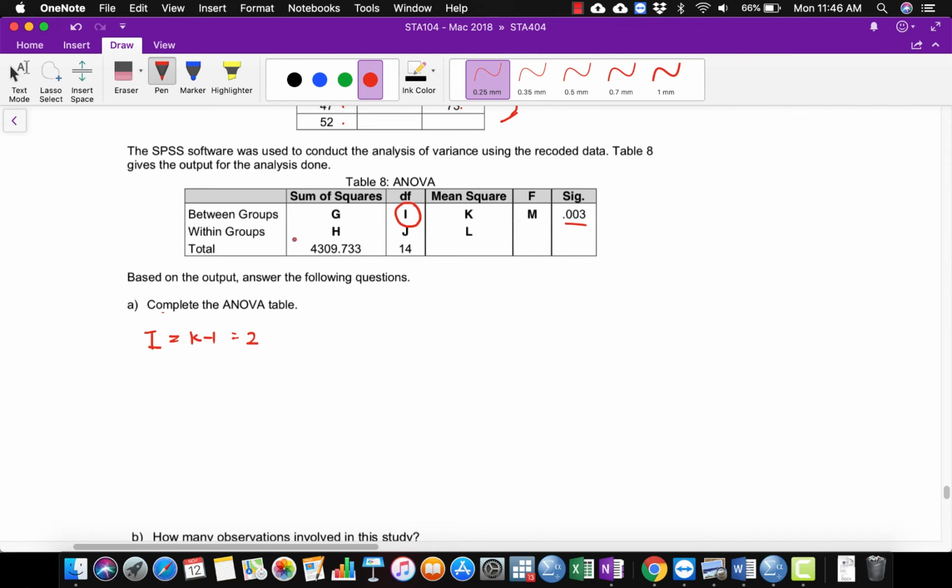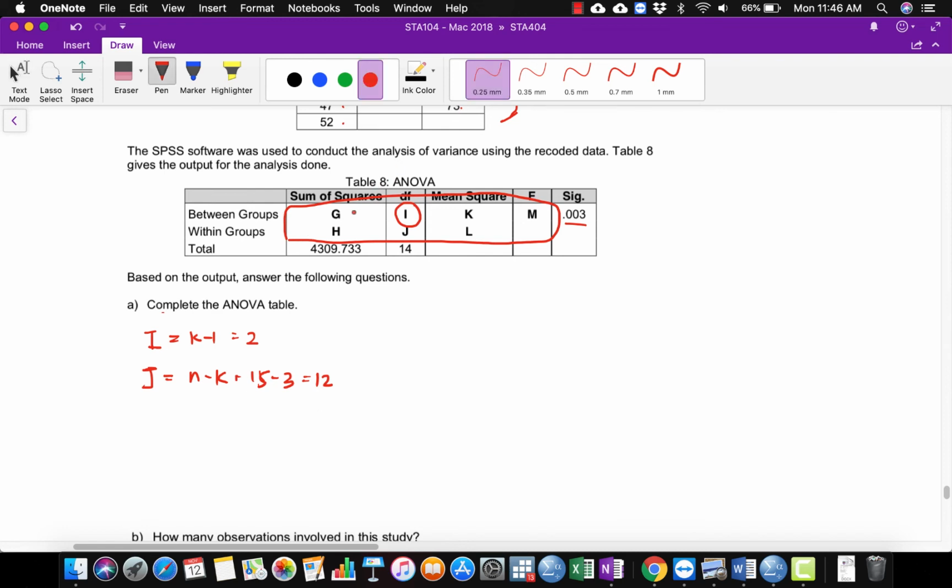This ANOVA table is quite hard to get from simple calculation because there are no clues given for mean square and sum of square. But never mind, we can try one by one. Then we go to J. J should be equal to n minus k, 15 minus 3, which is 12.